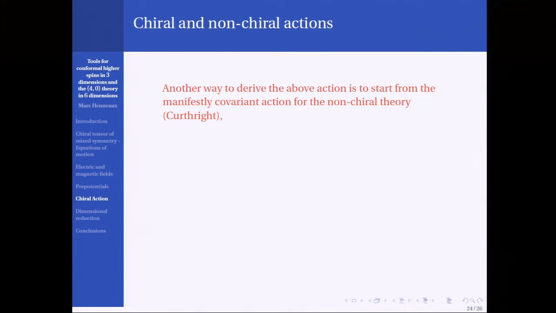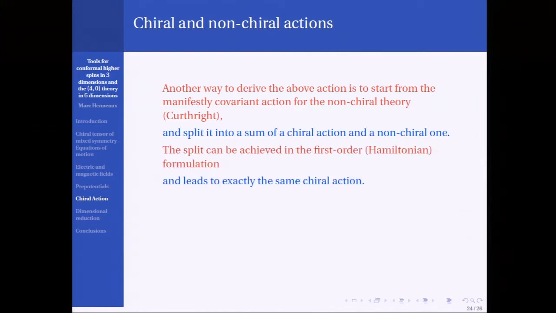One way to see that it is covariant is to start from the action for the non-chiral theory, which has been essentially written by Cartwright. I think Nicolas was also involved in writing of the action. And then you can split it into a sum of chiral and non-chiral actions, but you have to do that by going through the Hamiltonian formalism, so it will not be manifestly covariant.